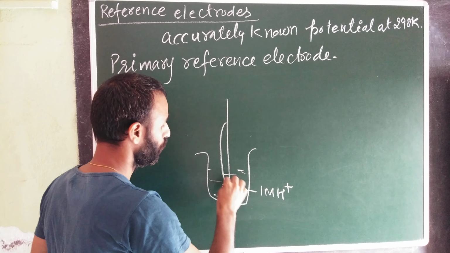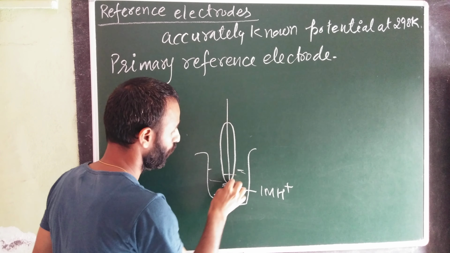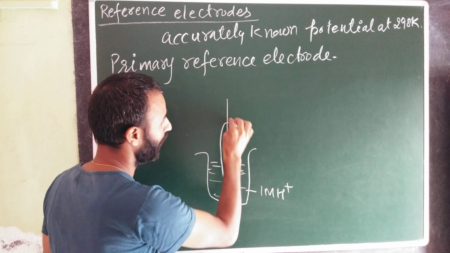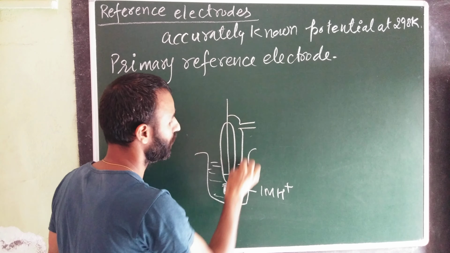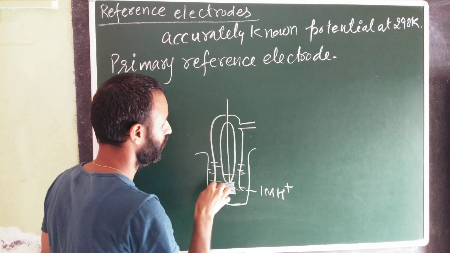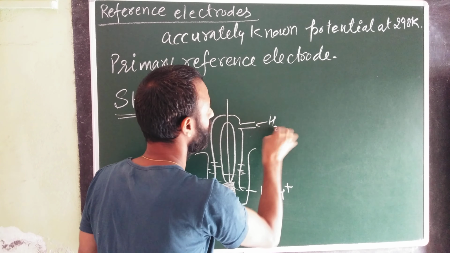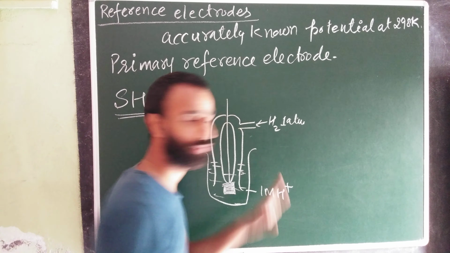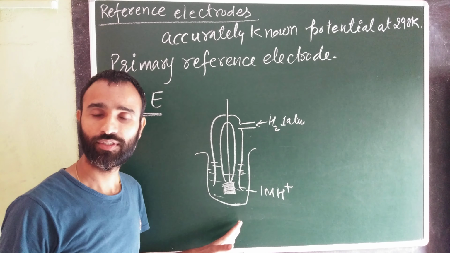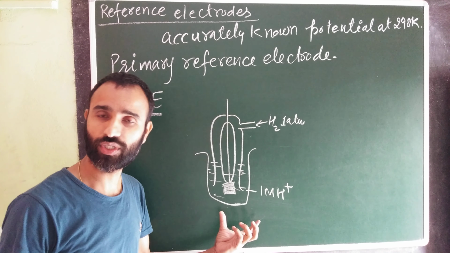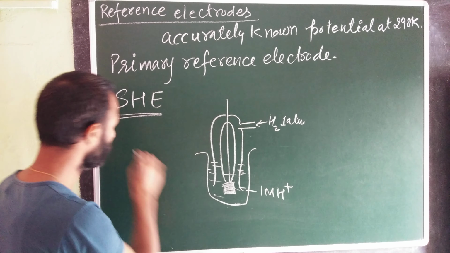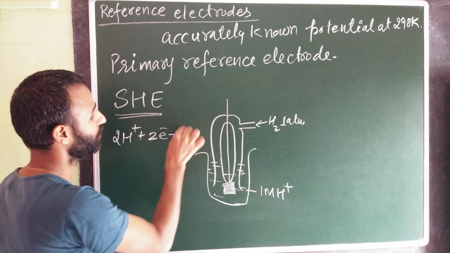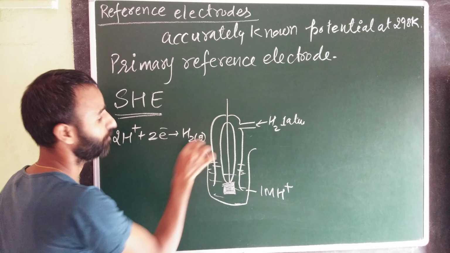And this is glass covering, and hydrogen gas is bubbled through this solution at 1 atmosphere pressure. That is the setup of standard hydrogen electrode. And the reaction taking place is, if reduction takes place on this electrode, it is like this.